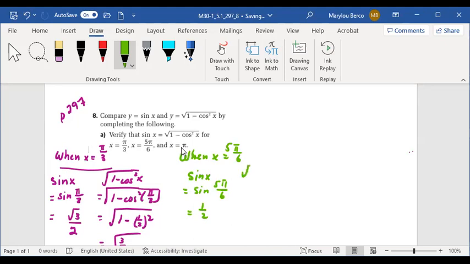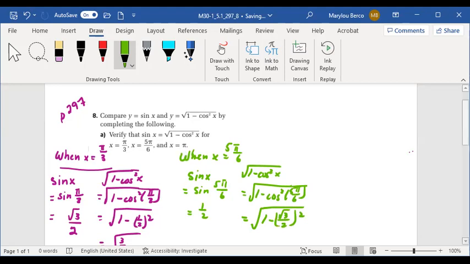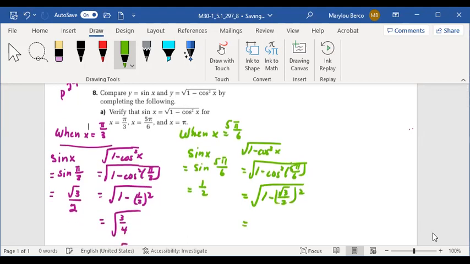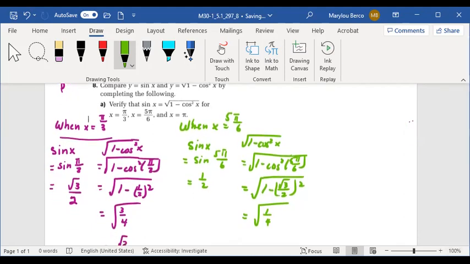We have root 1 minus cos squared x is equal to root 1 minus cos squared 5 pi over 6, which is equal to the square root of 1 minus root 3 over 2 squared, which is equal to square root of 1/4, which is equal to 1/2.